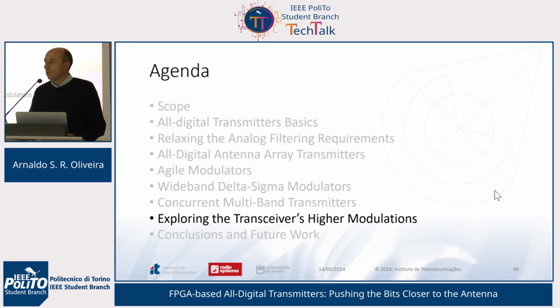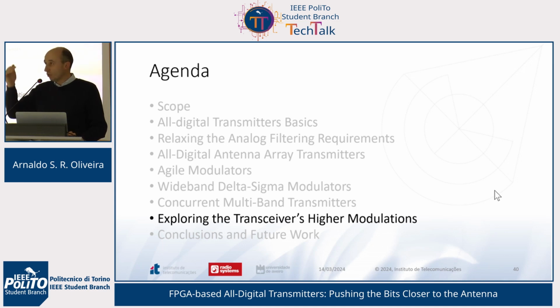But to achieve higher bit rates, the transceivers start to become PAM4, which means that each symbol can have 4 different levels, which means that each symbol can carry 2 bits.